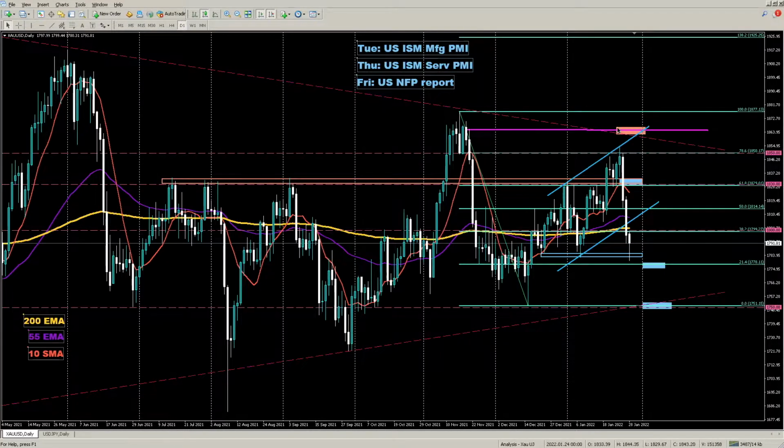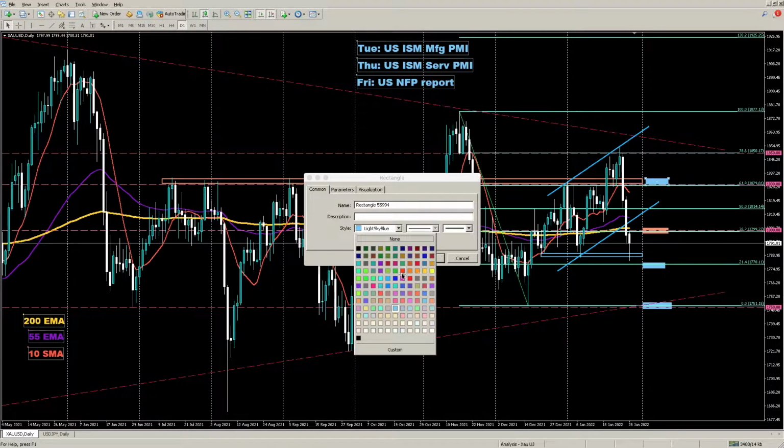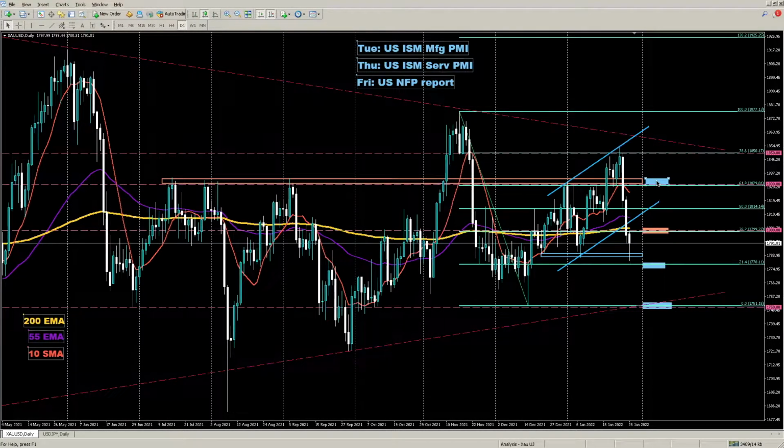And let's bring this resistance zone down. Looks like this is going to be the resistance at the 1800 and the daily 200 here. So let's remove this level now. This is also a resistance zone which is still holding, but we can remove that for now.